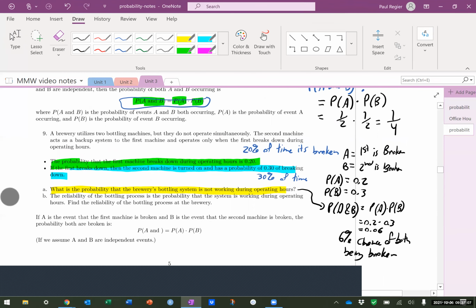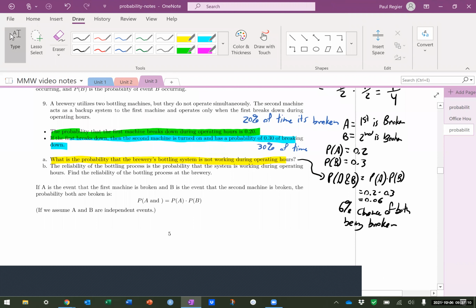So now, what if we want to know the reliability of this operating system? Like, what's the reliability, which is the chance that something is working? So reliability is the probability that both are not broken.